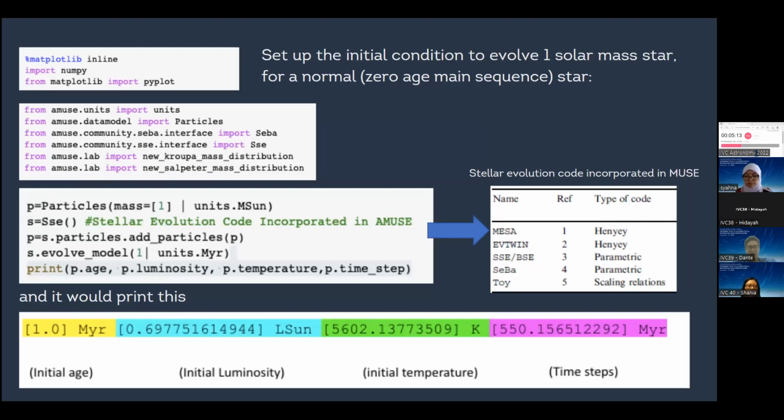There are MESA, EVtwin, SeBa, and others, but since we want to learn about the parameterized one, we use the SSE. Okay, and then we have to add the particle and evolve the model. And after setting the initial condition, we get a printout showing the initial age is 1 megayear, and then the initial luminosity, initial temperature, and the time steps. Next.